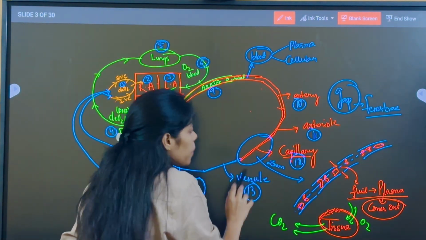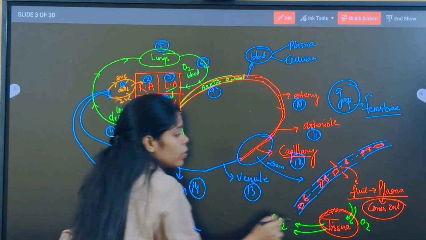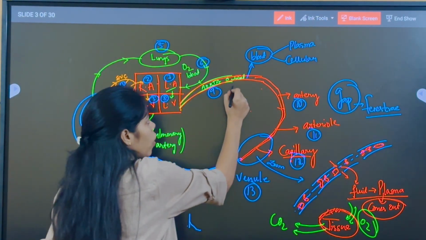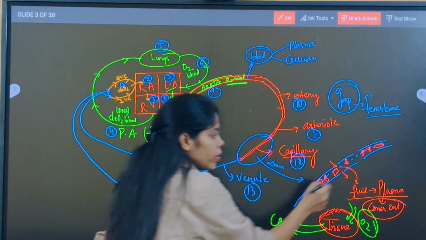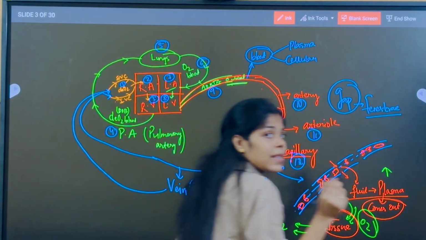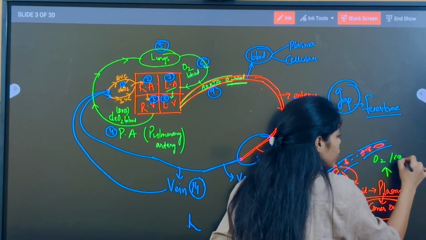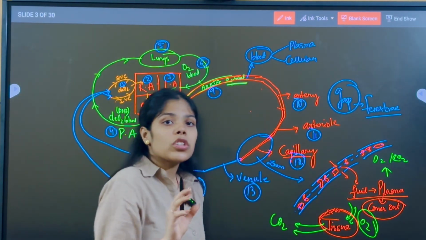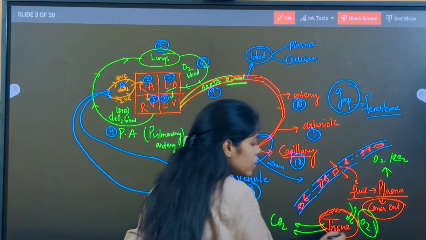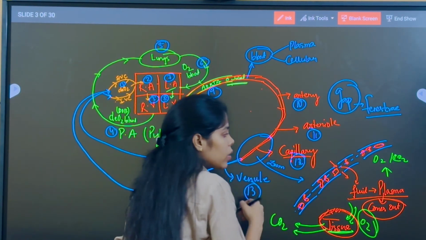Because from the aorta we have artery, arteriole and capillary, we have oxygenated blood over here. Plasma makes the exchange of nutrients, oxygen, carbon dioxide, all these things. The exchange part is done by plasma. So the tissue will need oxygen and it will give out carbon dioxide.